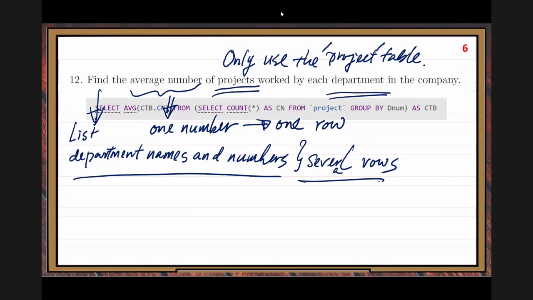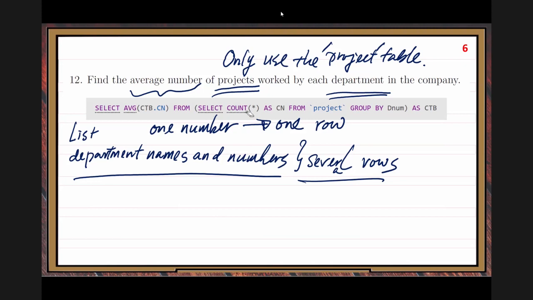All right. So here I wrote it in this way. Select, apply the average function. But in the from, we create a table. Select, we count.